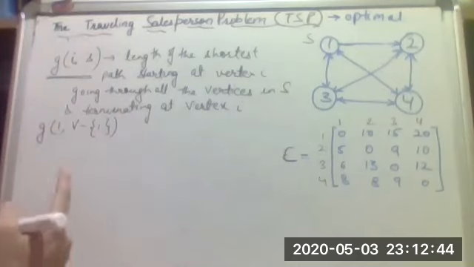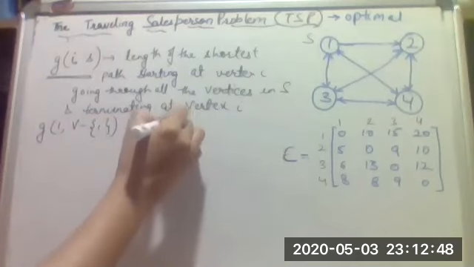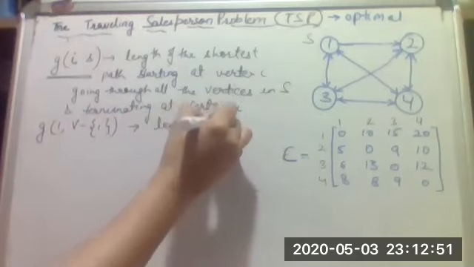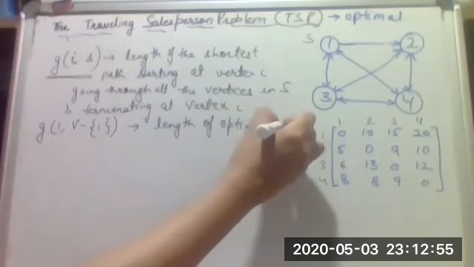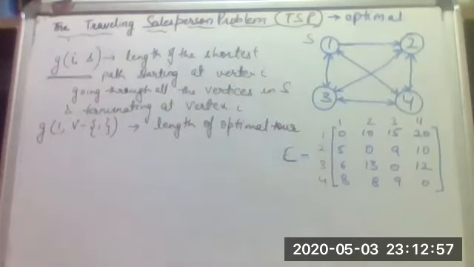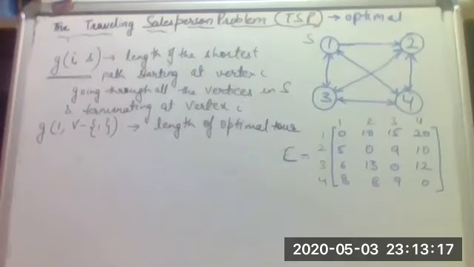We need to find out the cost of this, and this is actually the length of the optimal tour. And what we have already stated is that this follows the principle of optimality.